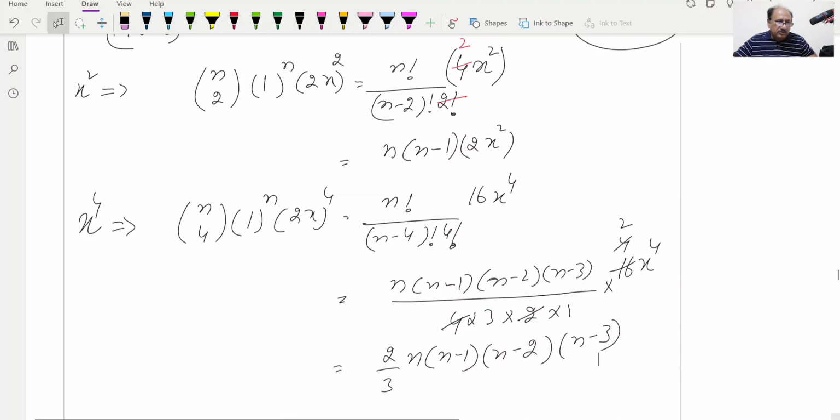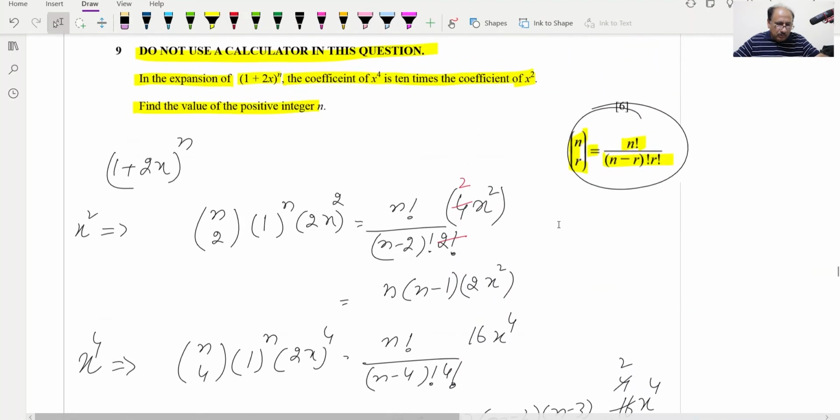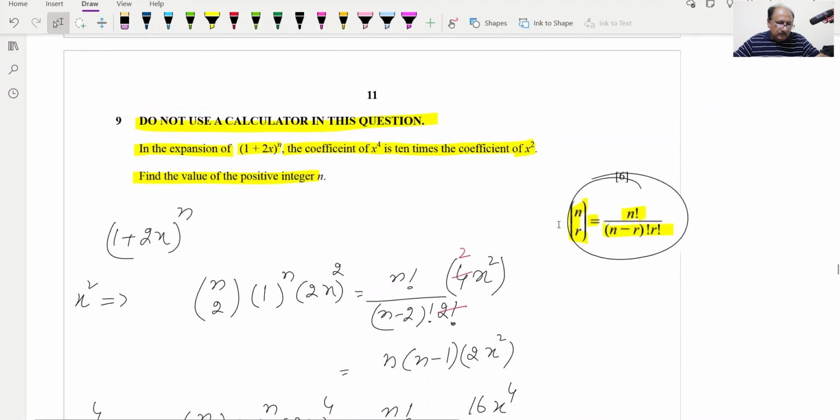These will be the two terms which we have for the x squared and x^4 terms. Now we can equalize them using 10 times, by the condition of the question: the coefficient of x^4 is 10 times the coefficient of x squared.